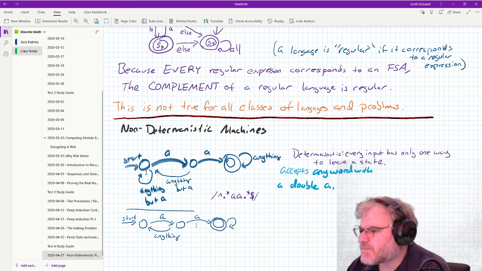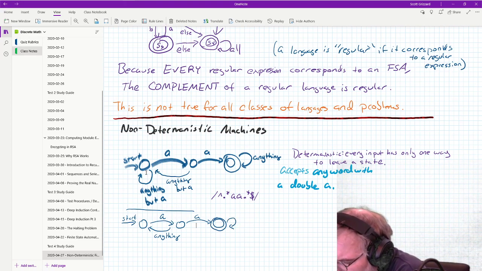Now, what makes this machine non-deterministic is that A can go one of two places. And I actually don't even need this.